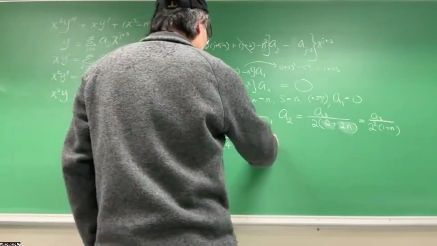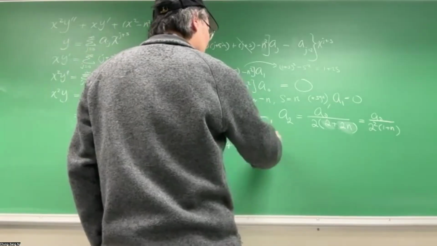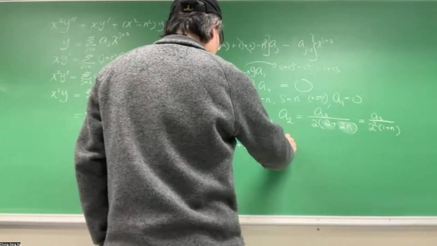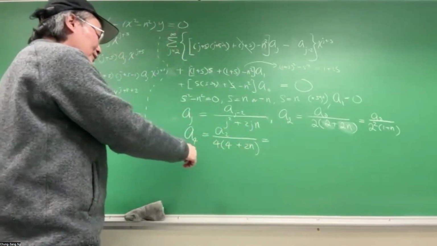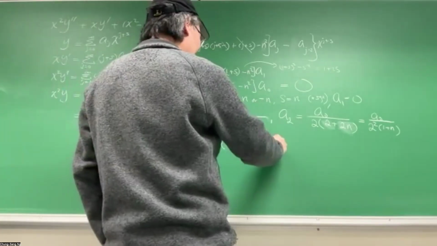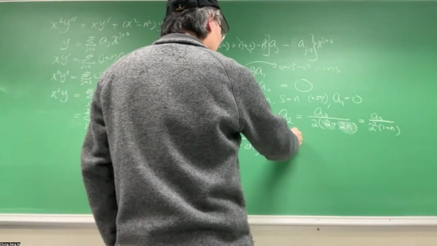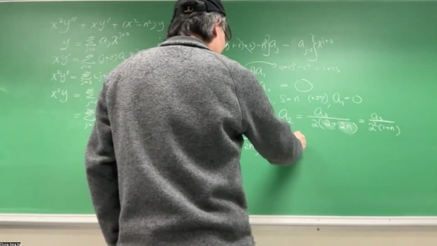And now you can pull out another 2, but we'll see what is more convenient to get a closed form formula.